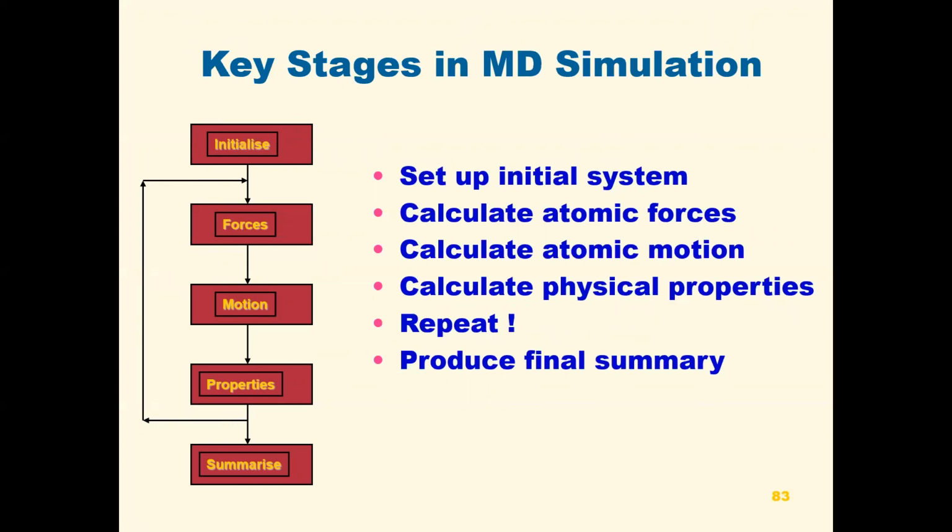Then repeat, looping this process until the system achieves its goal, and finally it produces the final summary of our structure. These are the different stages of the MD simulation.